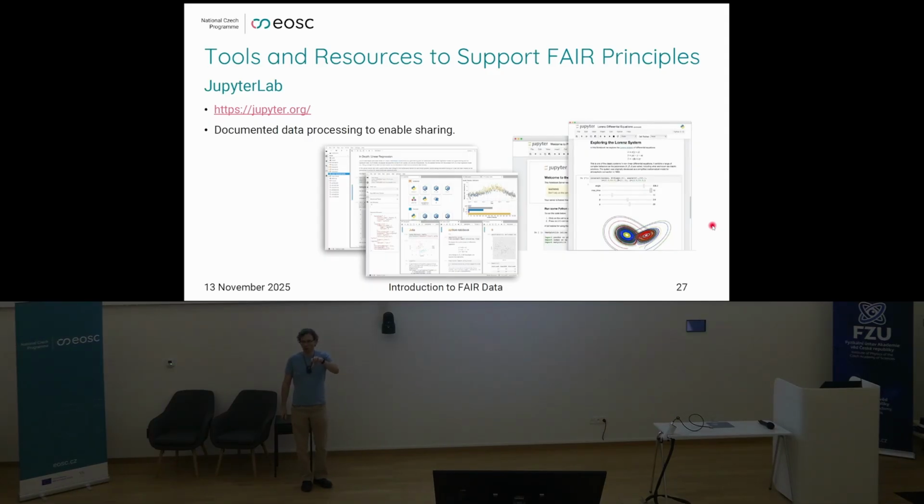And the good thing is that you can download this document. In fact, it's just a JSON file, and you can share it with someone else. And someone else can open it in Jupyter. And by the way, even Google provides a platform, colab.research.google.com or something like this.